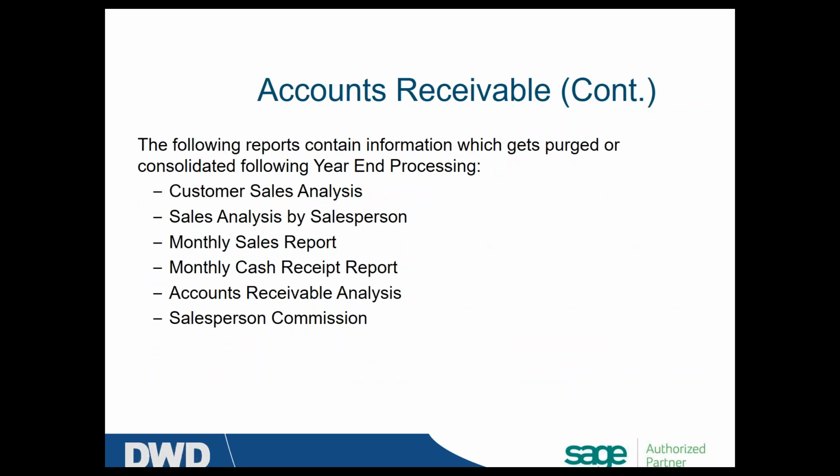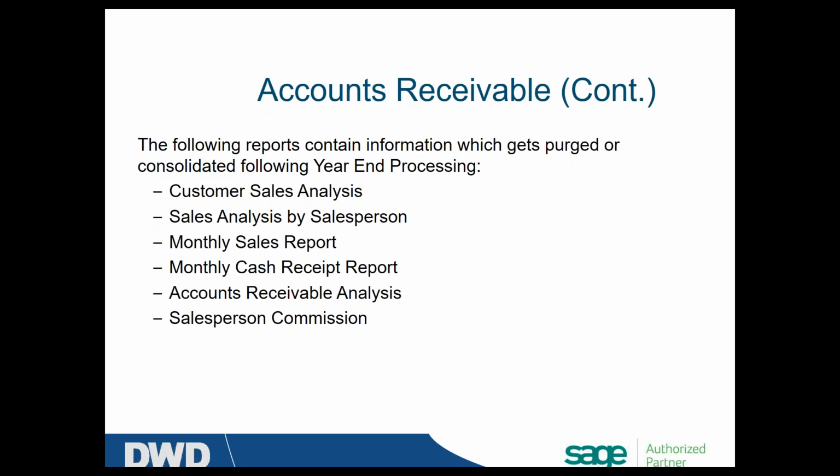Just like in AP, we've got a handful of reports that might get purged out or have that data purged or consolidated when we do a period or a year-end processing. The analyses reports, customer sales type things, those we want to make sure we get them before we do our closing just to get the current data.